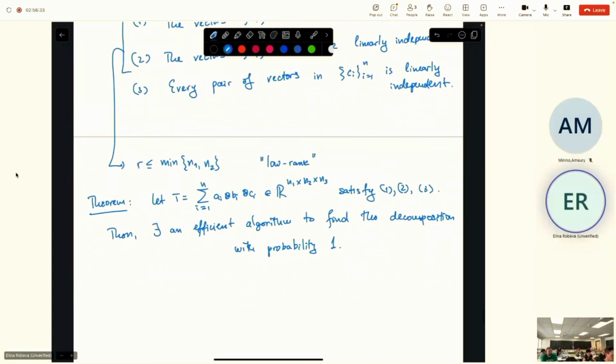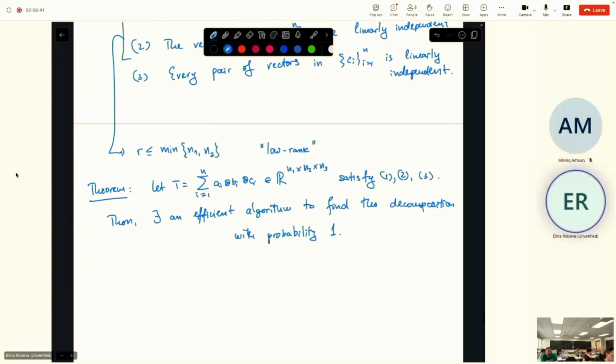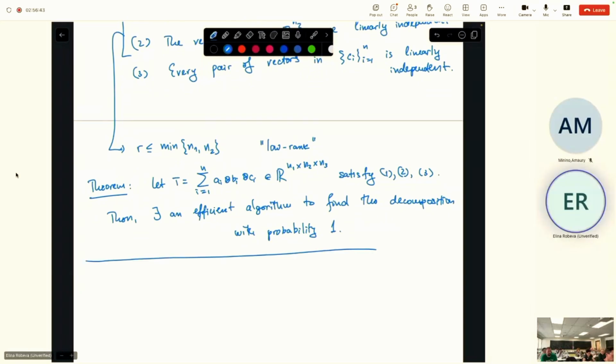Okay, and so how does it go? So what we're going to do is we're going to see how this works. So let's take our tensor T, and let's pick two vectors, u and v, in R^n3, random.